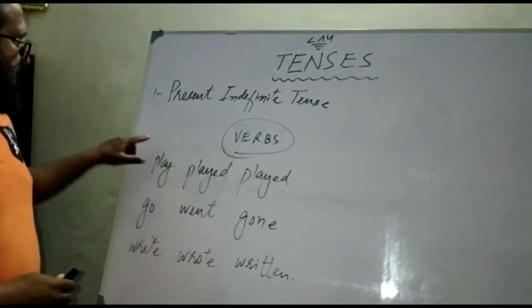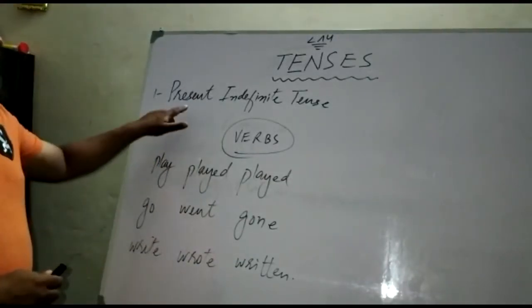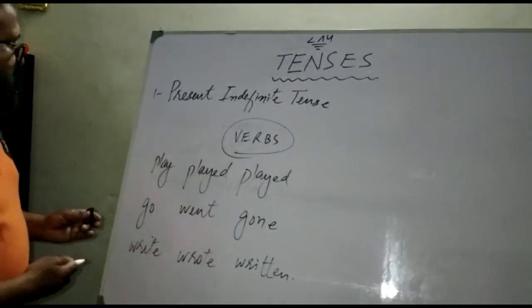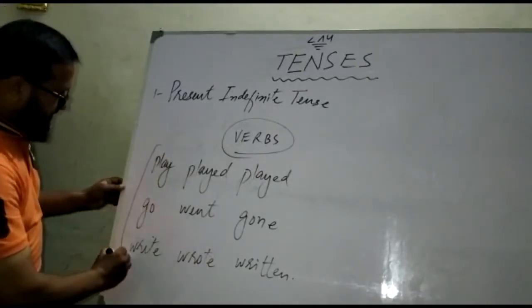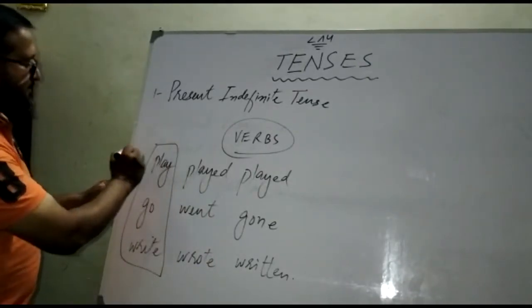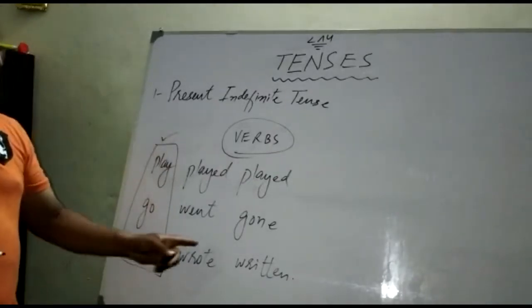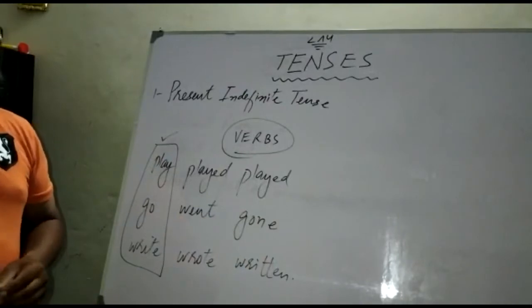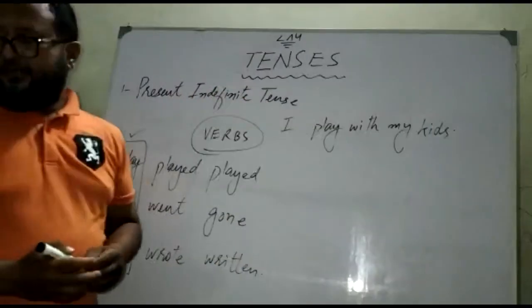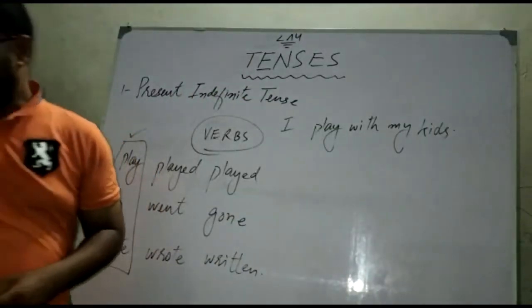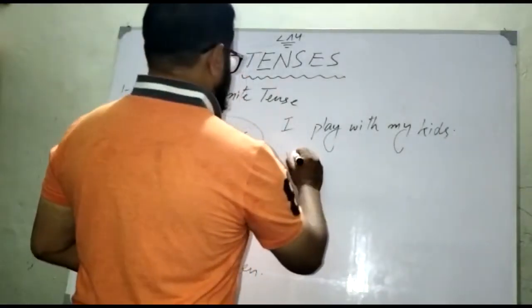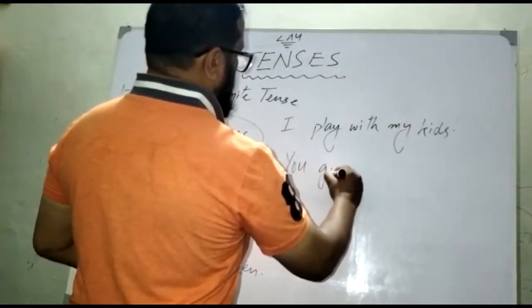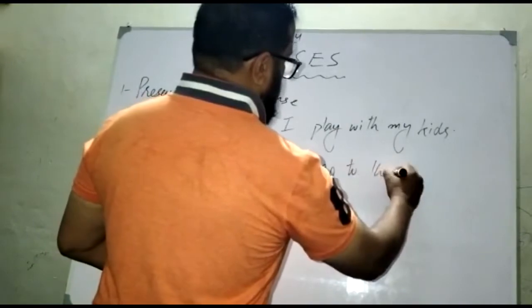So first of all, you must know that in present indefinite tense, you are concerned with the first form of verb, not the second form and not the third form of verb, because we are talking about the active form of present indefinite. You go to the mall.